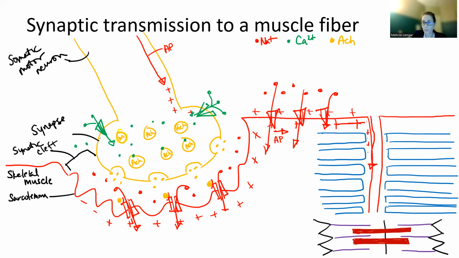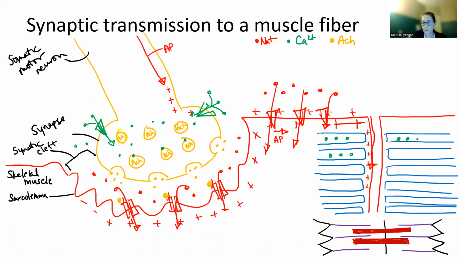So this all becomes positively charged as we go deep inside of the cell. That is going to cause the calcium that is in the sarcoplasmic reticulum. That's what this blue thing is. I should have labeled that.